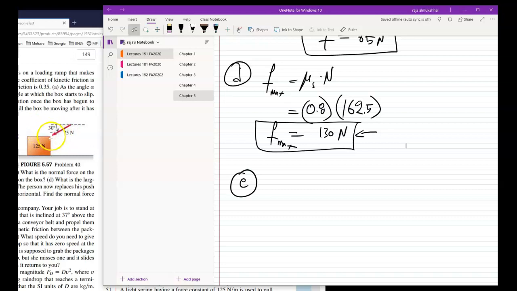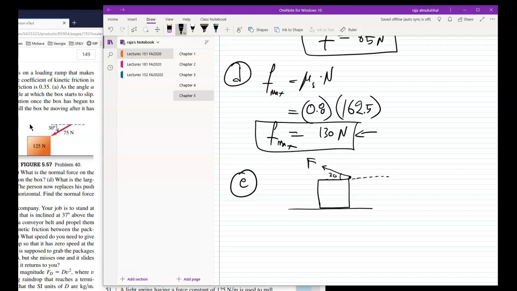It's kind of tricky. If I'm going to draw it again, it's going to look like this. See, it's above the horizontal now. Here is the horizontal. Now it's above it. That's the trick.